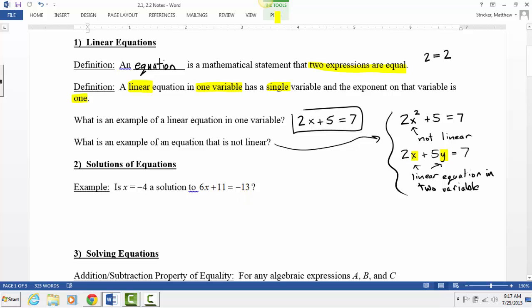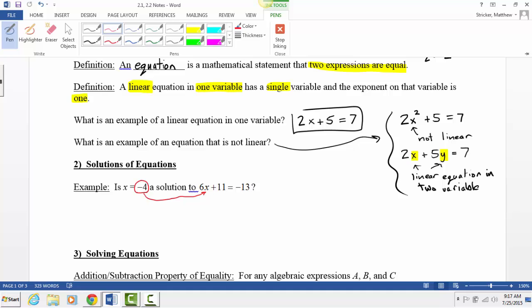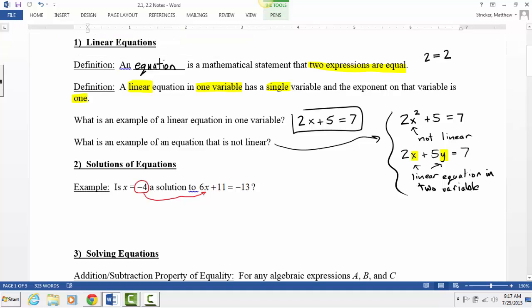So let's take that -4 and evaluate the left-hand side of this equation if we plug that in. One of the things we want to get in the habit of doing whenever we're plugging values in is to always put them in parentheses: 6 parentheses -4. Very important that you do that. In this particular problem, it specifies that this is multiplication, not 6 minus 4, but 6 times -4.